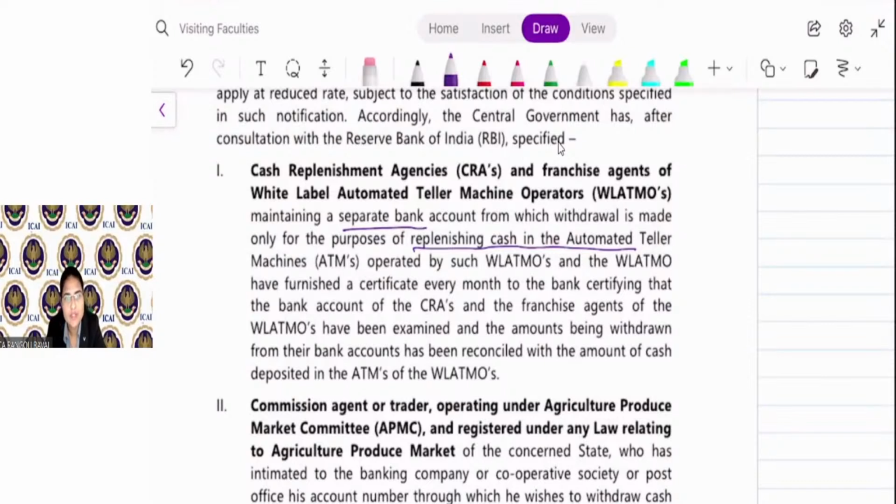And they have to furnish a certificate every month to the bank certifying that the bank account they separately maintain, and the franchisee agent have examined, and the amount being withdrawn from their bank account has been reconciled with the amount of cash deposited in ATM. So they have to provide the reconciliation of the amount withdrawn from the specified bank account and the amount deposited in the ATM machine.